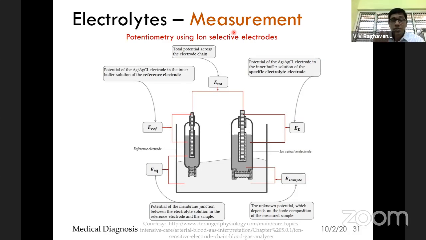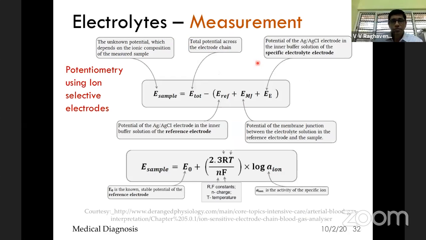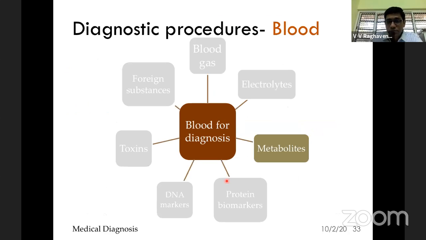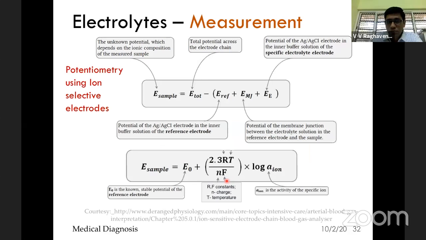You should have a membrane that makes the electrode selective only to those particular ions of interest. So you follow the Nernst equation, and you get this particular equation where the ion activity is proportional to the potential difference.